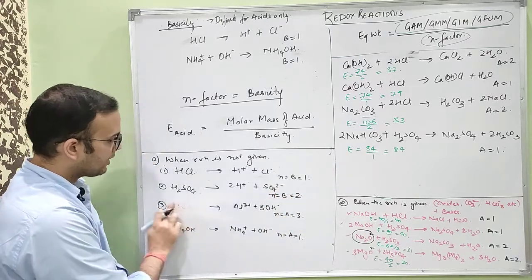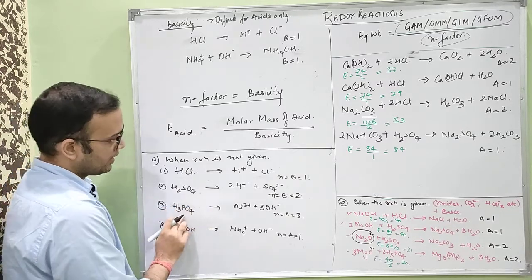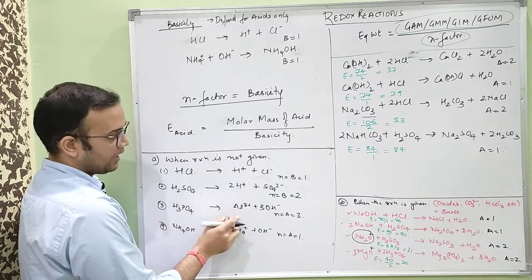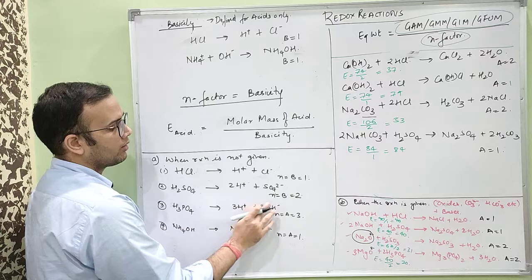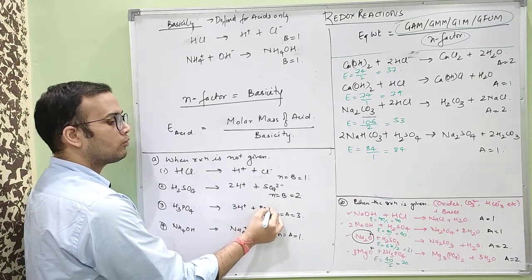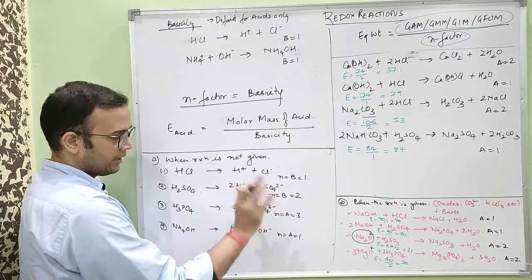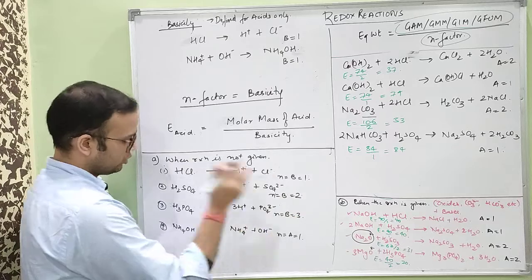Then again, if we have H3PO4, it can give you 3 H plus ions. When the reaction is not given, I am telling you; when the reaction is given, you will have to go accordingly. Here basicity is equal to 3.